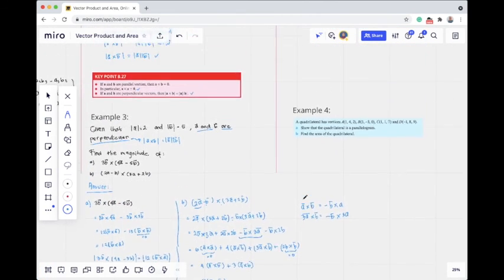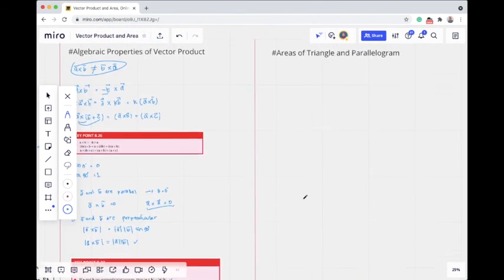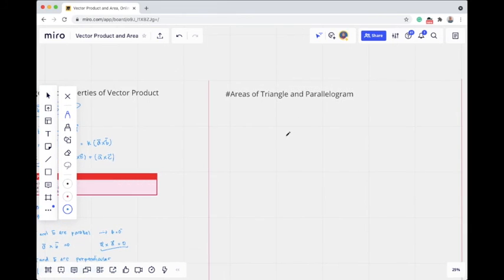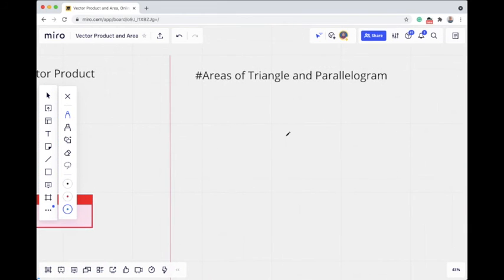Okay, so go to the next subtopic about areas of triangle and parallelogram. You know the area of a triangle.